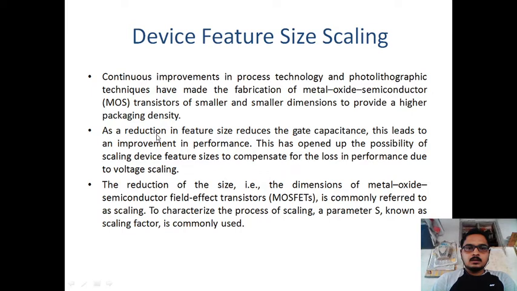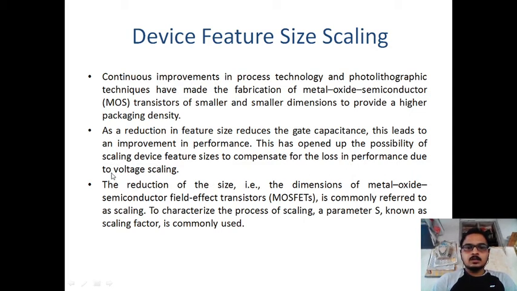Then see the second one. A reduction in feature size reduces the gate capacitance. When you reduce the feature size, that means when you reduce the device size, the gate capacitance reduces. When the gate capacitance reduces, the performance increases. This has opened up the possibility of scaling device feature size to compensate for the loss in performance due to voltage scaling.